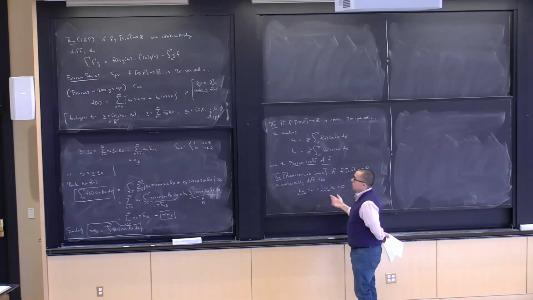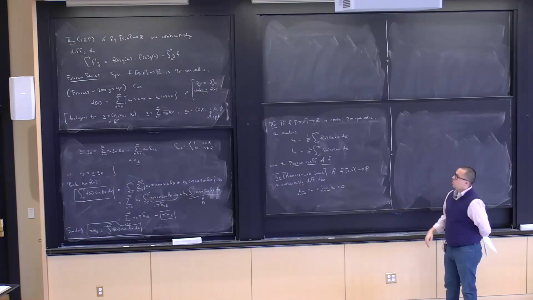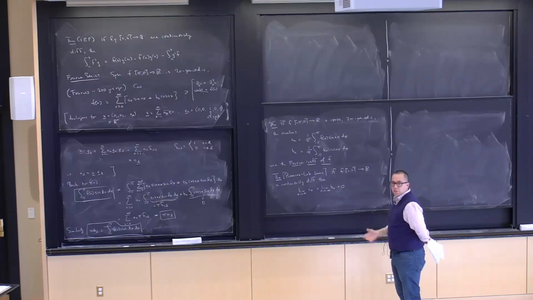But this will suffice. What this says is that the contributions coming from these building blocks are getting smaller, at least in the sense that the coefficients are getting smaller. But it says nothing about whether that sum up there, with the a_n's and b_n's defined this way, actually converges to f. I do want to emphasize that.